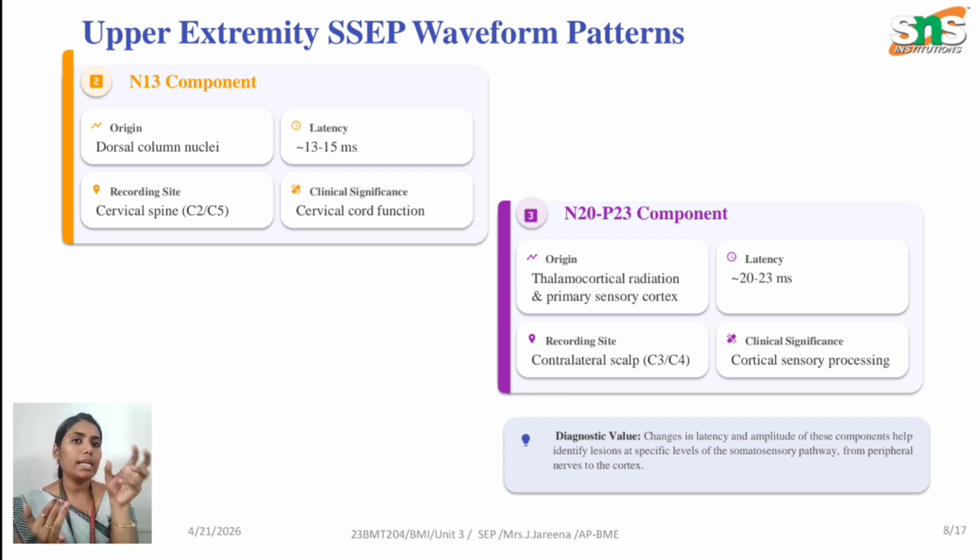Here it is mentioned as 13 to 15 milliseconds for N13, and 20 to 23 milliseconds for N20. If you are getting within this latency, there is no problem. If it goes beyond, or if there is any delay in this latency, then based on the recording site we can easily identify where the problem is.